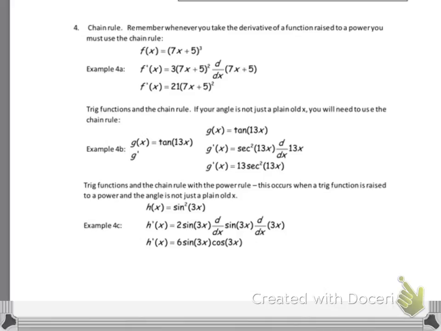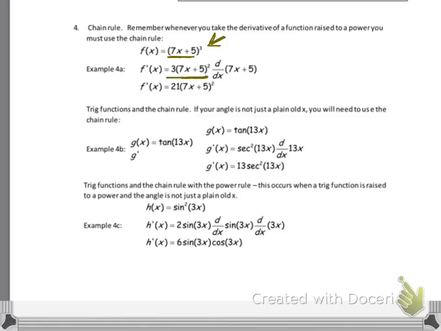Okay, our last old topic is the chain rule. Now I've written out all the work for you so that you can understand it. The chain rule happens when you're not dealing with trig functions, when you have a function. So here's a function right here, and that function is raised to a power. So you have to take the derivative using the power rule, and that's happening right here.